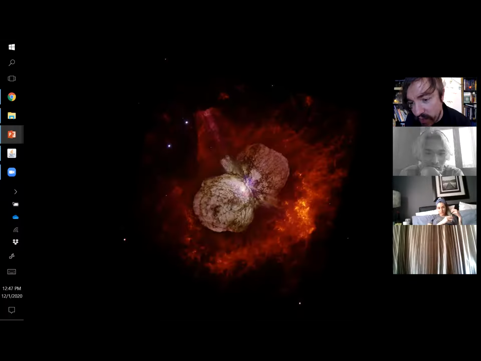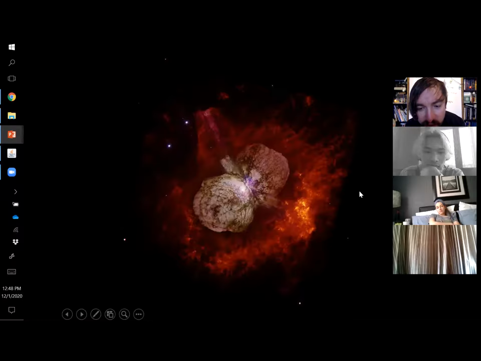It'll be a short window in time, maybe a period of a few thousand years or more, in which the star is just puffing itself to death. These strong stellar winds are just blowing out the outer envelope into space. This is such a rare picture because it's such a short window of time that you just really have to get lucky to catch a nearby star doing this. Most stars are not found in this stage.